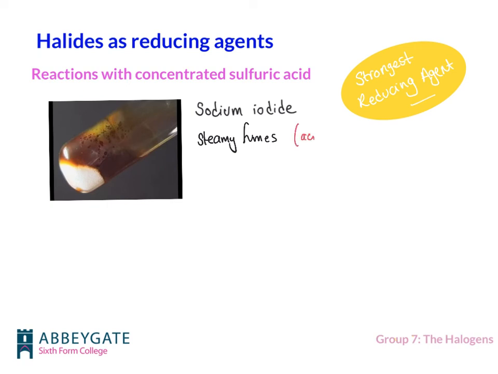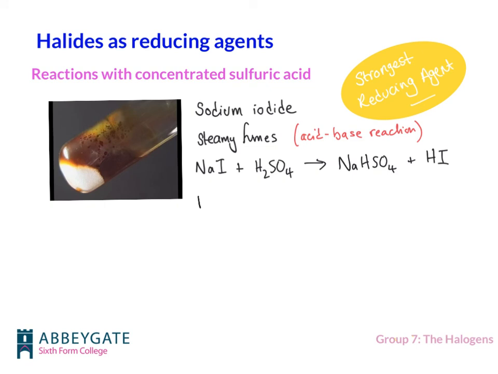Again, we're going to get steamy fumes, our acid-base reaction, just like we've seen with the other two, where the sodium iodide reacts with the sulfuric acid and forms sodium hydrogen sulfate and hydrogen iodide. And we could test those fumes with indicator paper, and the indicator paper would turn red, showing that we had produced these acidic fumes, hydrogen iodide.